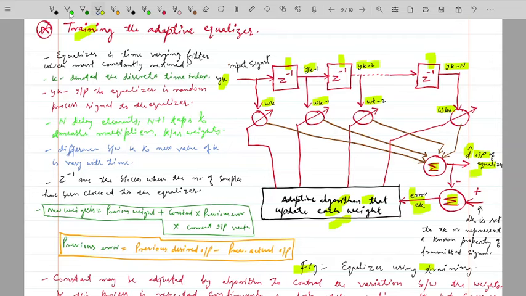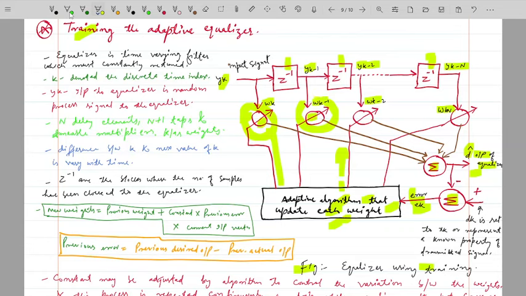For all the inputs, y of k minus 1, k minus 2, up to k minus n, with the help of the adaptive algorithm, each signal is individually multiplied with these weights, which are the multipliers.